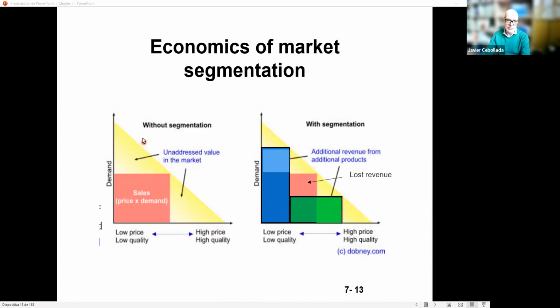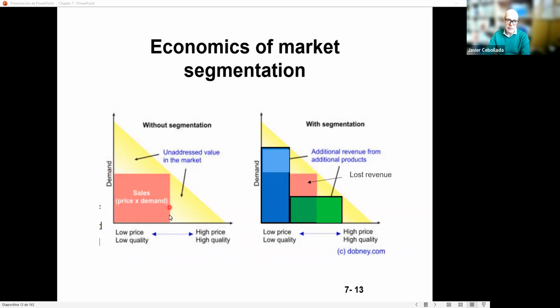Okay, if there is no segmentation, then we have here the relationship between the demand and the price. So the higher the price, the lower the demand. The company has to decide to launch to the market a product at a given price, for example, this one, that will give as a result this level of demand.